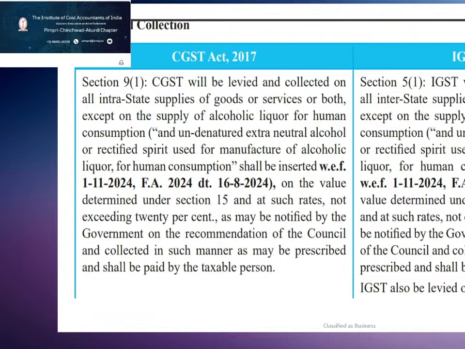Suppose he has already registered and is paying the central GST, in that case the author himself may pay the GST instead of the publisher. We still have a few services, so we'll have a look at these services quickly.